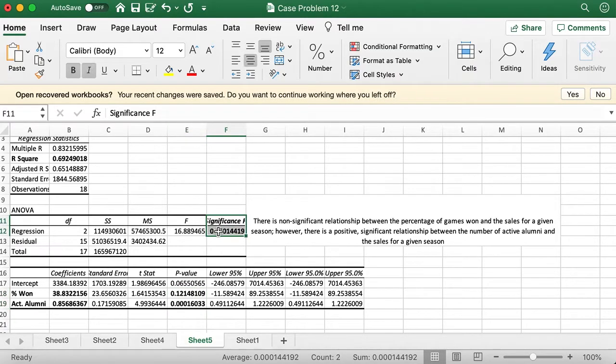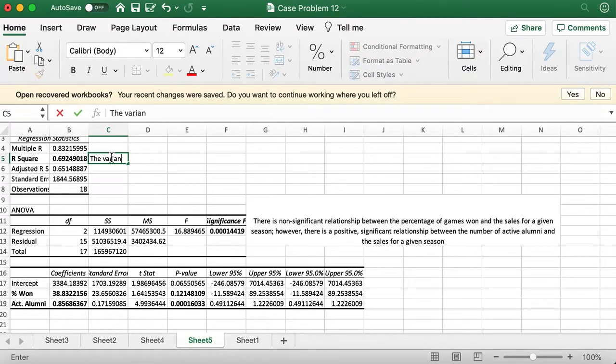We also have to look at the significance of our F, because that tells us if the overall model is significant. And of course it is. It's less than 0.05. It's also good to look at the R-squared value, because that tells us the variance.